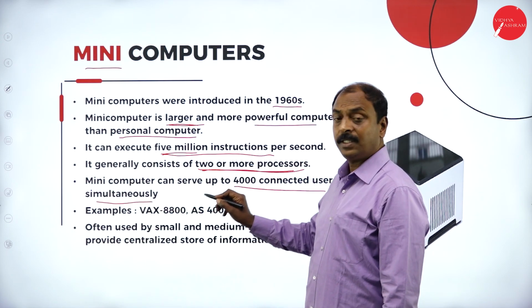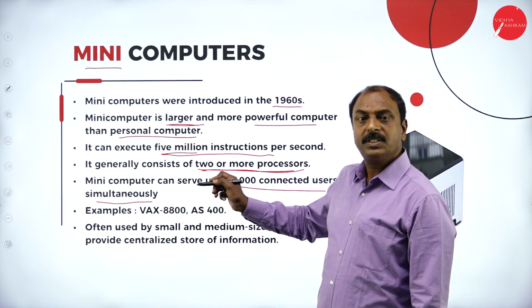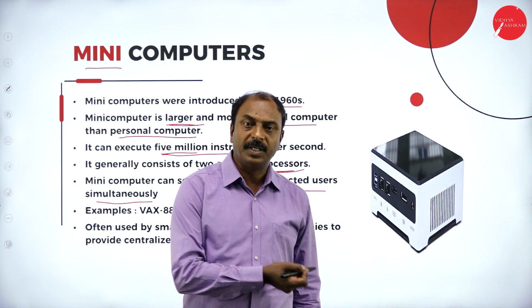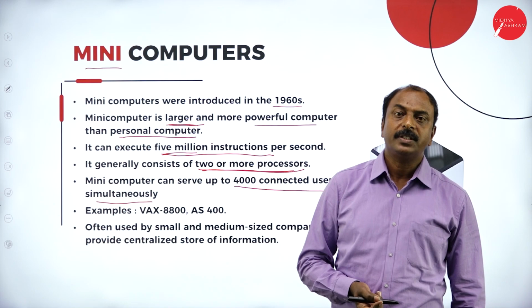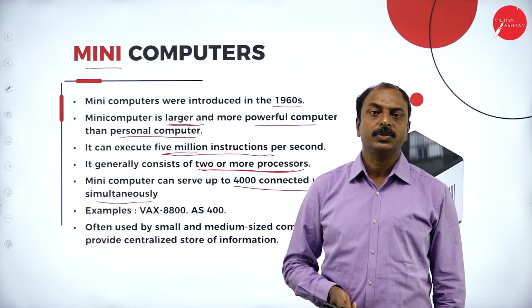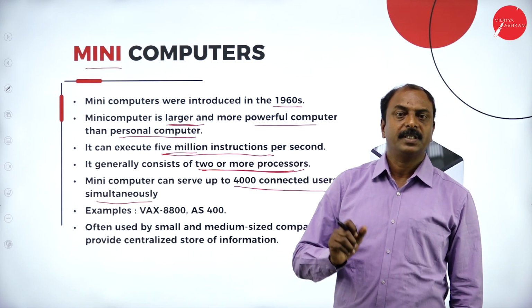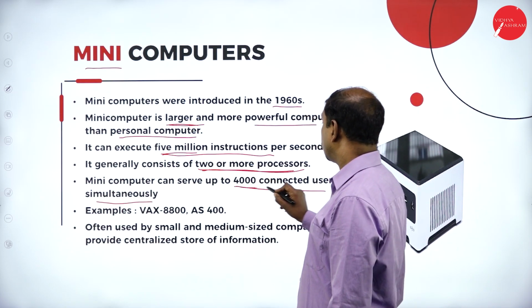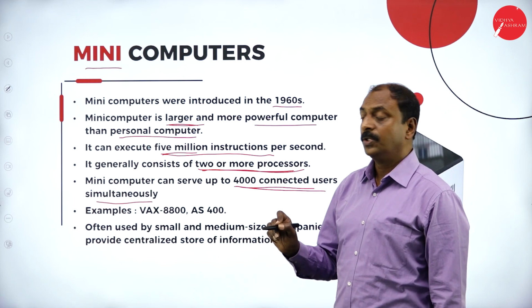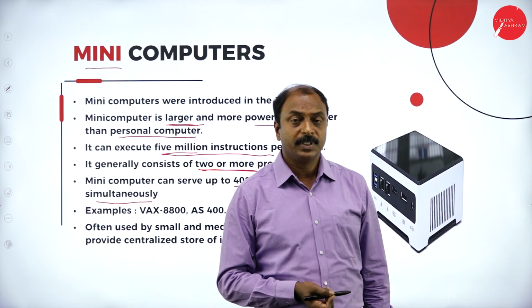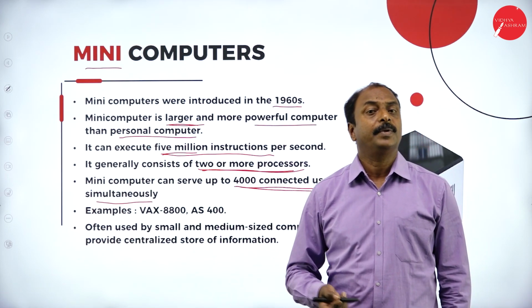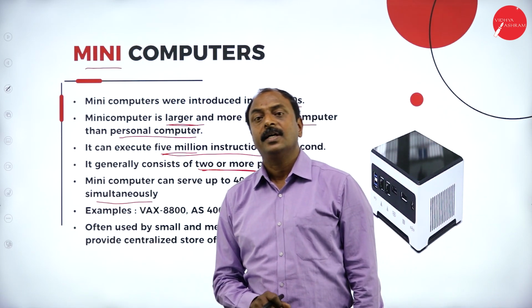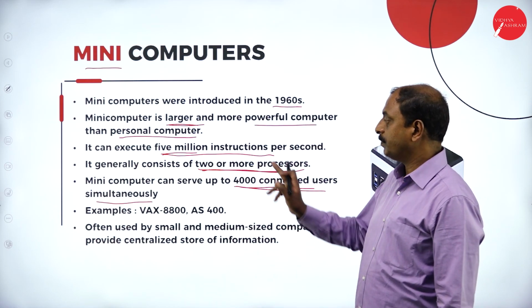Now you can imagine the capacity of mini computers. The microcomputer, which we saw in our previous slide, was a single user system. Only one person can use the system at a time, but a mini computer could support 4,000 connected users. So 4,000 users can use this computer simultaneously. Just assume the capacity and the capability of this computer.